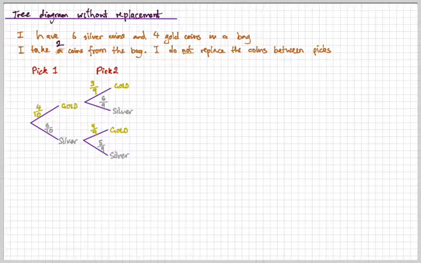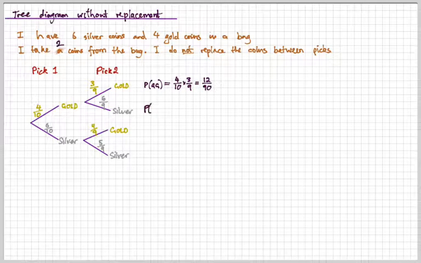If we fill out the probabilities as we did in the previous question, the probability on the top branch would be gold and then gold, which is 4/10 times 3/9, which would be 12/90. This branch is the probability of gold and silver. Pause the video now to work out the probability. This should be 4/10 times 6/9, 24/90.